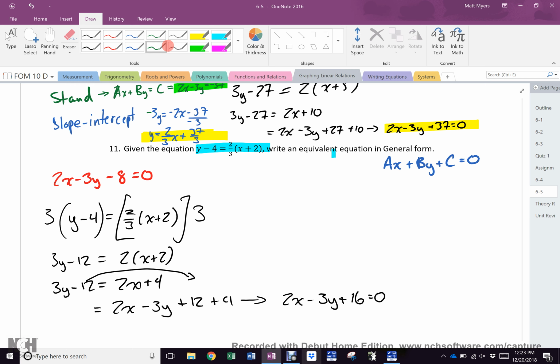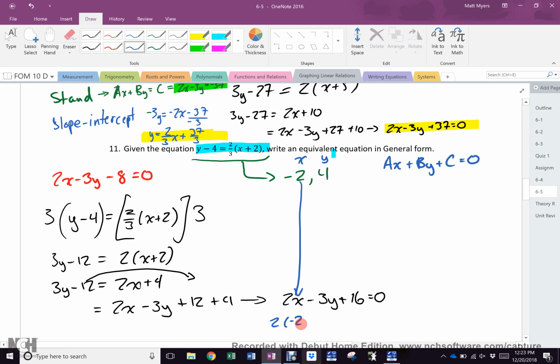What point is automatically on the graph from this? No, what point is on the graph? The x and y. What are they? Negative 2, positive 4. Is that an x? Yes. Is that a y? Yes. So what can I write right there? -2x.